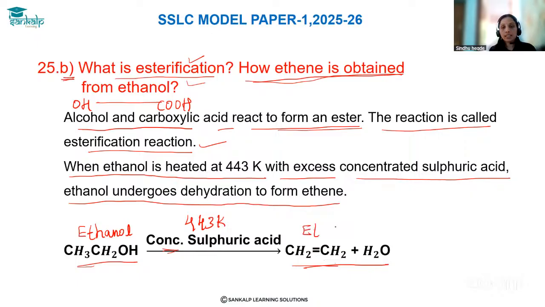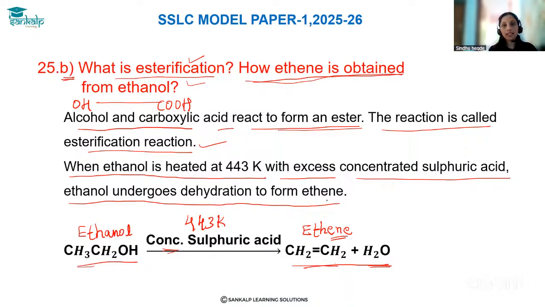See, "ene" represents the double bond, CH2 double bond CH2. This is ethene and water is released. This is the process of obtaining ethene from ethanol.